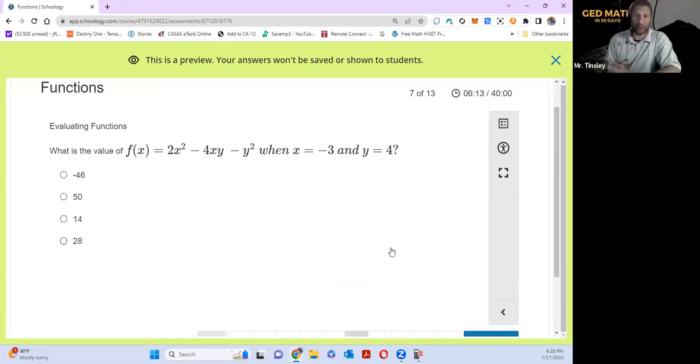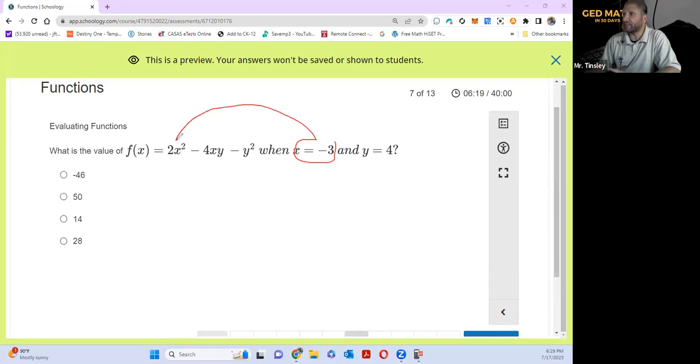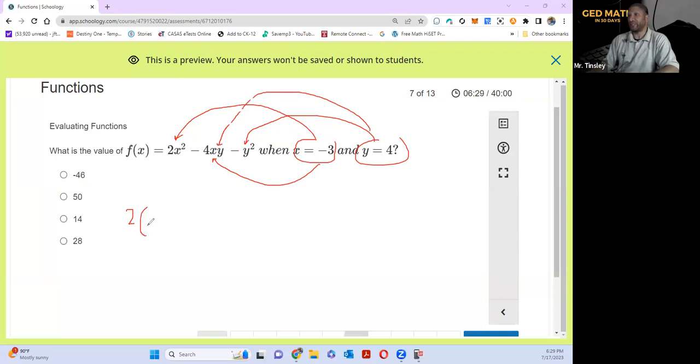You have 2 variables. Again, doing this by hand, everywhere I see X, I'm gonna put a -3. Everywhere I see Y, I'm going to put a 4. So I'm going to have 2 times -3 squared minus 4 times -3 times 4 minus 4 squared.